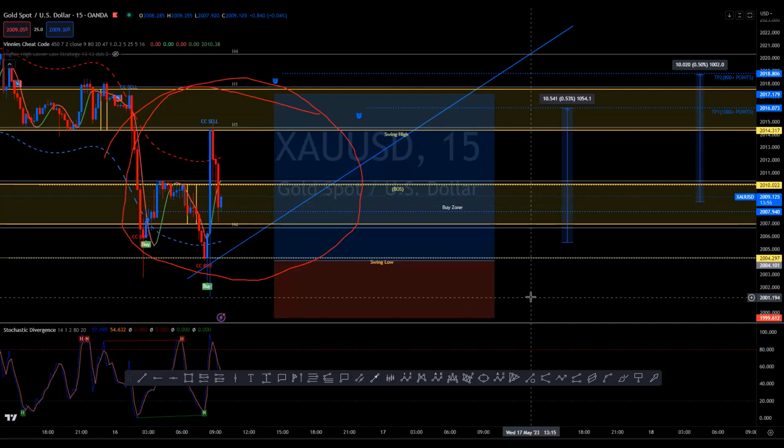I'm going to say my bias is kind of pushing down there. So let's see. So we're going to focus on price action and see what it does.